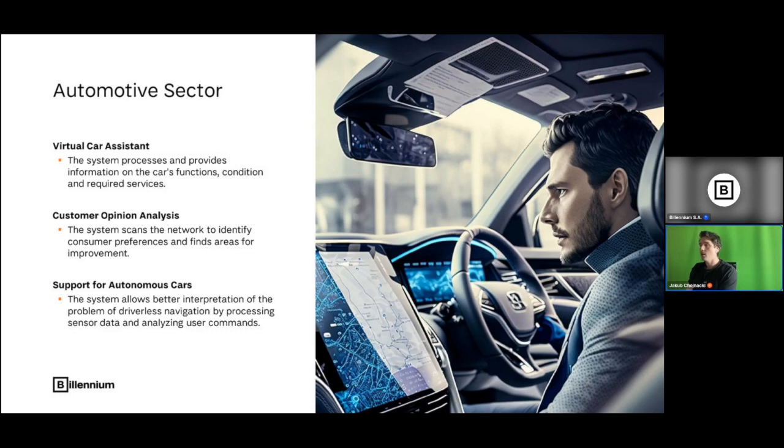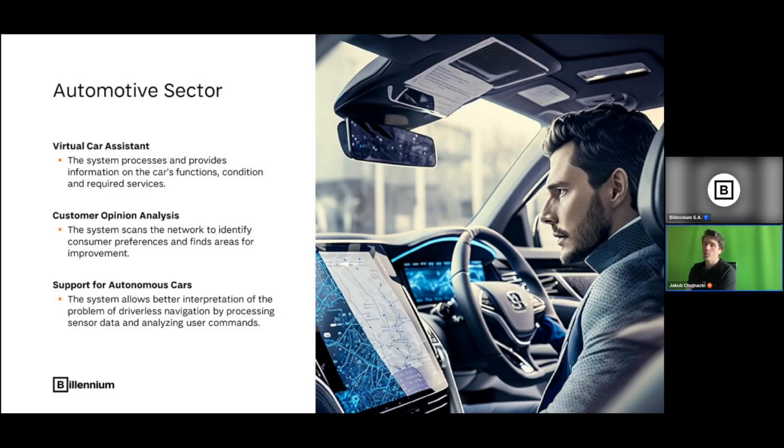This is where the chatbot systems thrive. The customer opinion analysis, so the systems that can read all the opinions in the area, and given that information, they can scan the network for possible customers and prioritize some over others.